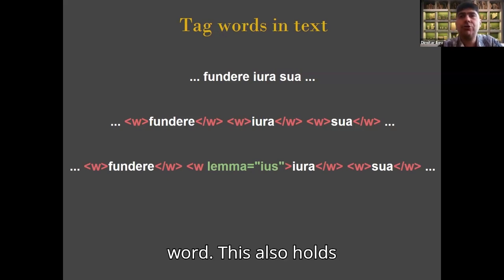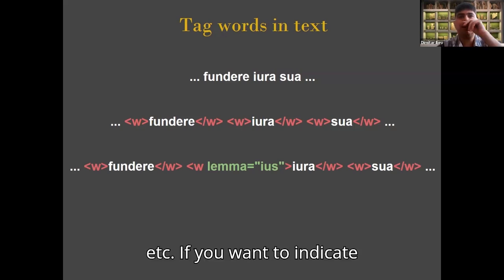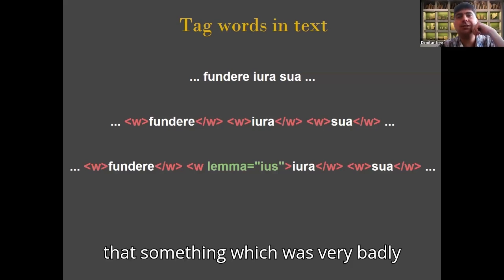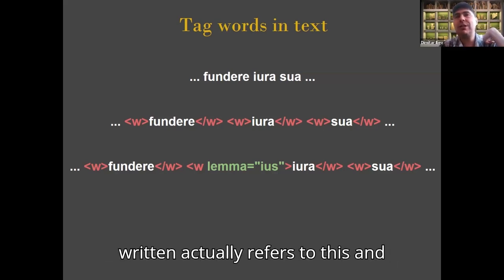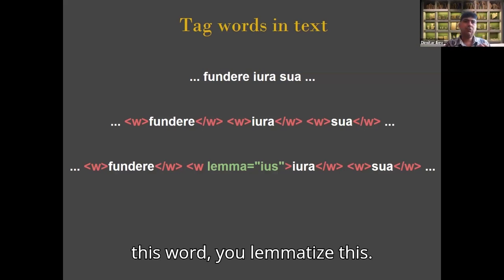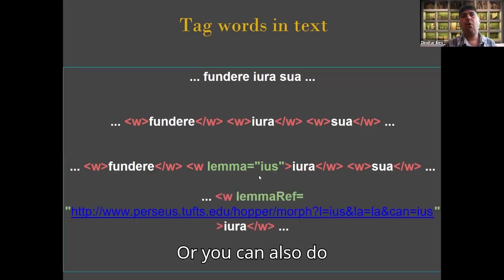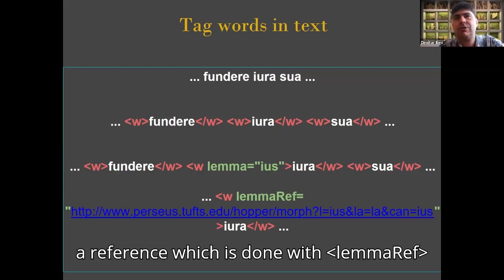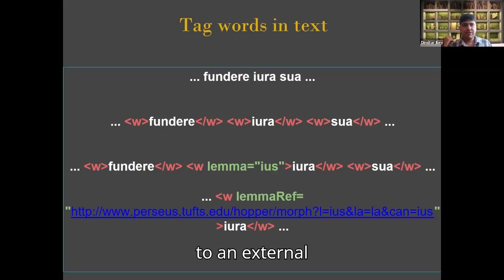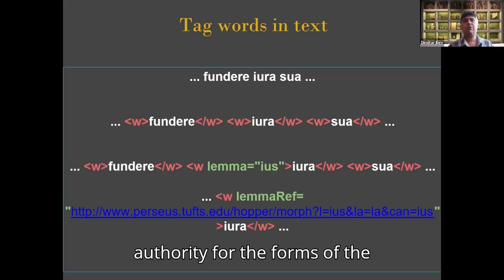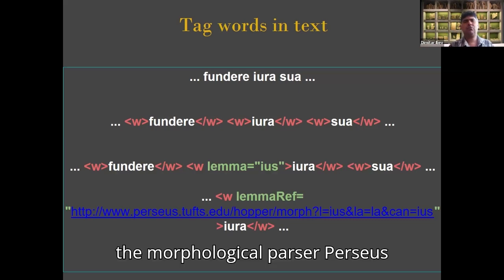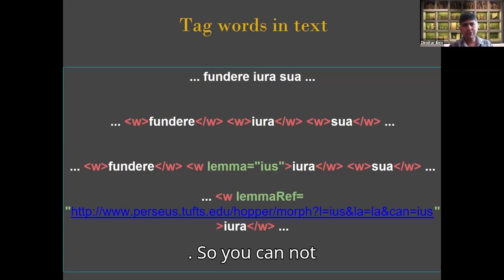This also holds true for some incorrect, substandard writing, etc. If you want to indicate that something which was very badly written actually refers to this and this word, you lemmatize this. Or you can also do a reference, which is done with the ref attribute, to an external authority for the forms of the respective word. In our case, the morphological parser of Perseus.